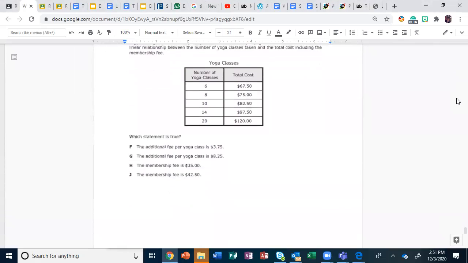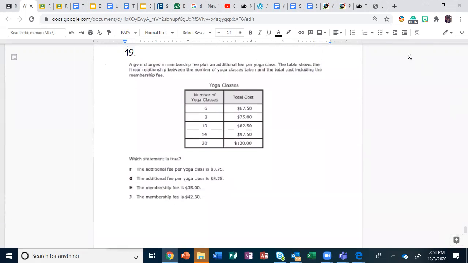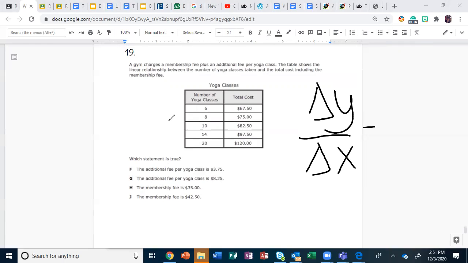Question 19, guys, question 19. What is question 19 about? Rise and run. Not rise over run. No. Delta y over delta x. Again, we have 67.50. To get to 75 is what?